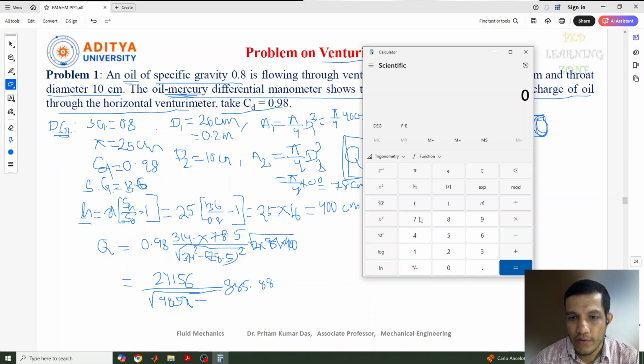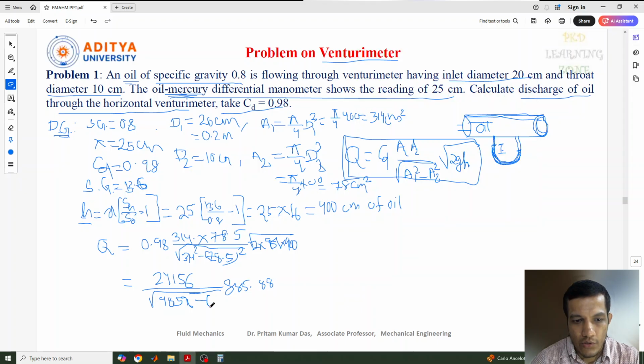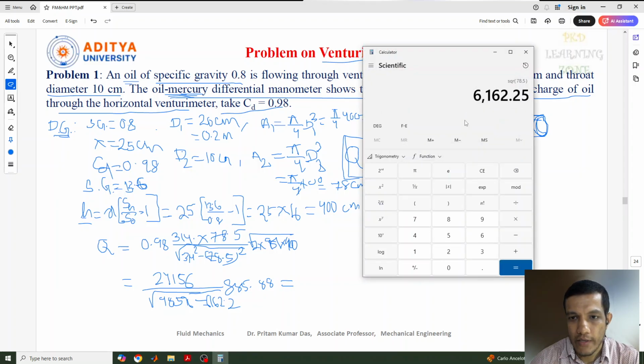You can do it easily. 78.5 square is 6162.25. Now mostly you got it. Now 98596 minus 6162.25, the root over of this value is 304.